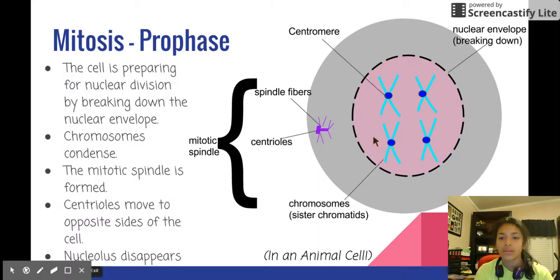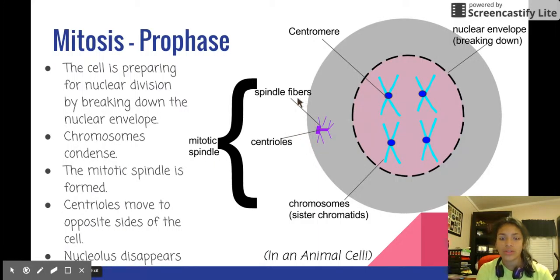These chromosomes, or the half of the X of each chromosome, is called a sister chromatid, and they're linked together by a centromere right here. In this stage, the nucleolus disappears and microtubule structures called spindle fibers form in the cytoplasm. In only animal cells, another pair of microtubule structures called centrioles form.